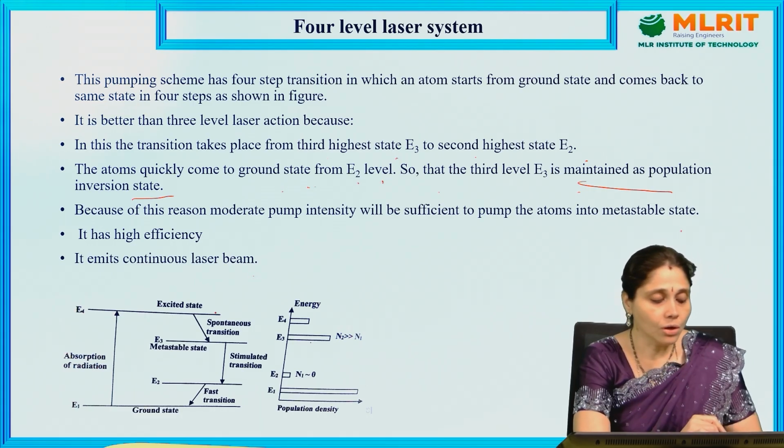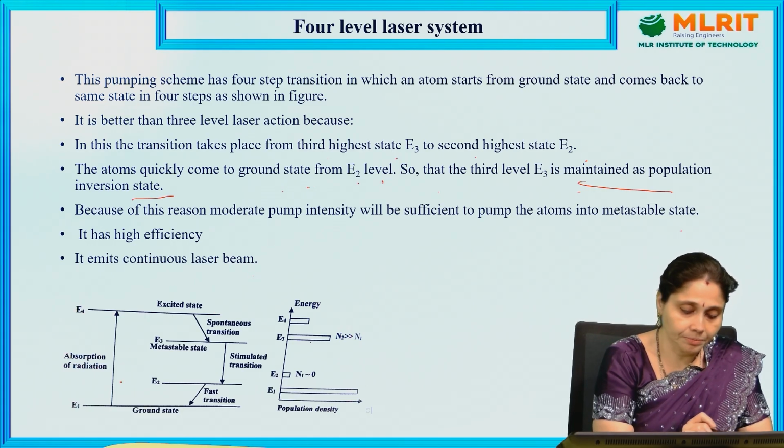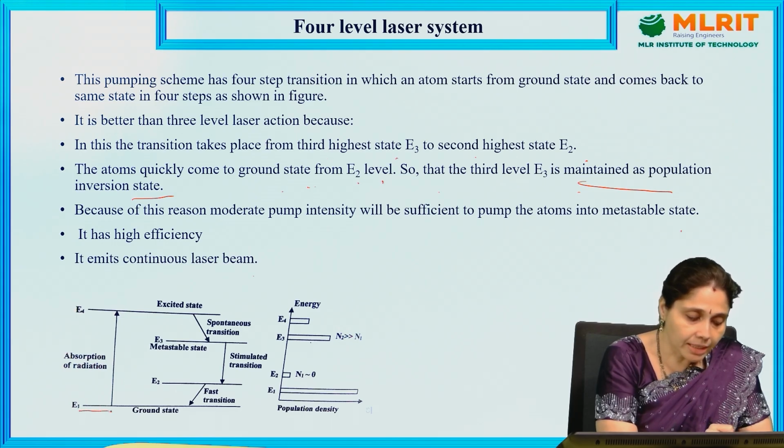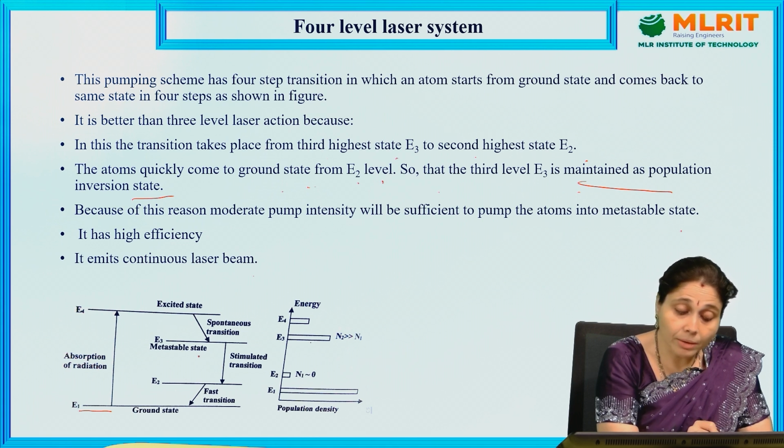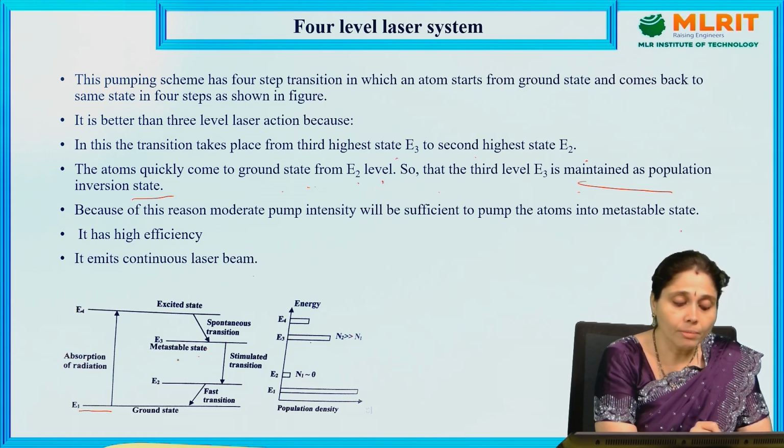Okay, so see here the diagrams. E1 is the ground state, the absorption of radiation takes place, and this is the excited state. From the excited state to the metastable state, there is a spontaneous transition. That means the transition will not radiate out much radiation. Now the atoms are collected in the metastable state, and they will stay there.